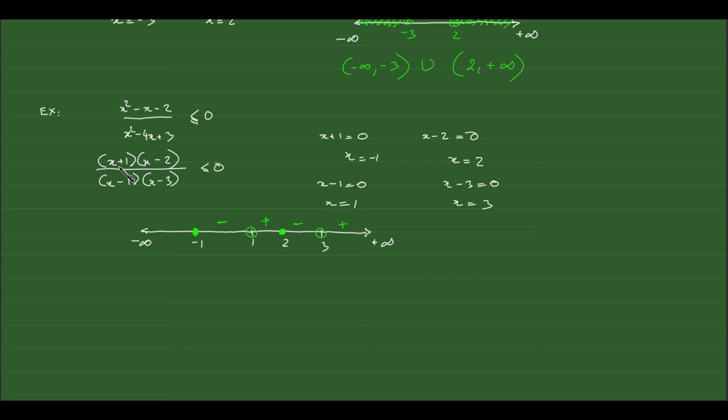And pick negative 2: positive. So which ones are we going to take? We want less than or equal, so we take this one and this one. The final answer will be bracket negative 1, 1 parenthesis, union with bracket 2, 3 parenthesis.